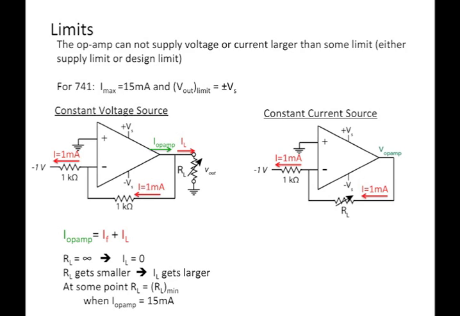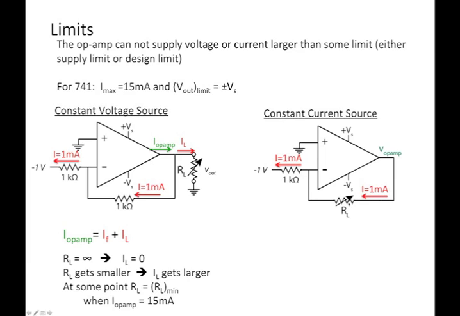Okay, let's look at the other case where we have a constant current source. In this case, we're going to run the op-amp the same way, but now we're going to put our variable load resistor as the feedback resistor. So we're going to get a feedback current of 1 milliamp no matter what, because that's the current that's going to go through our input resistor.